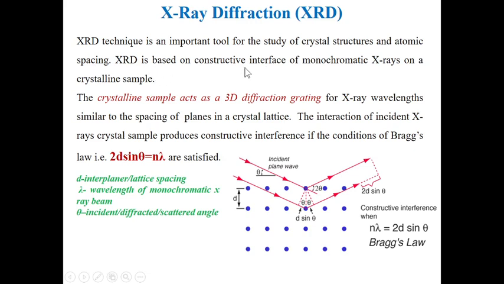XRD is based on constructive interference of monochromatic X-ray on a crystalline sample. The crystalline sample acts as a 3D diffraction grating for X-ray wavelengths similar to the spacing of the planes in the crystal lattice.